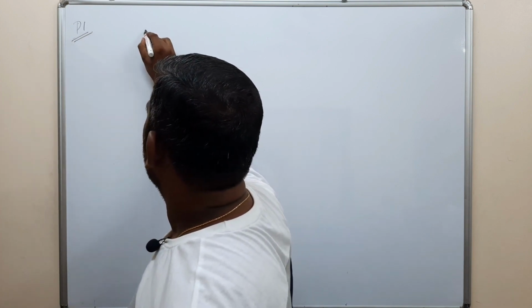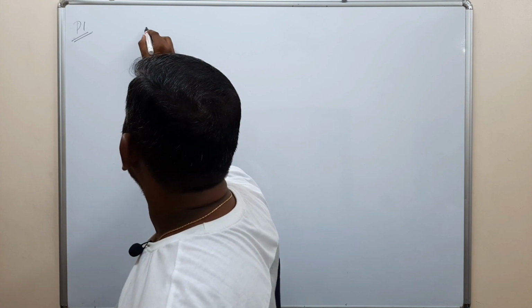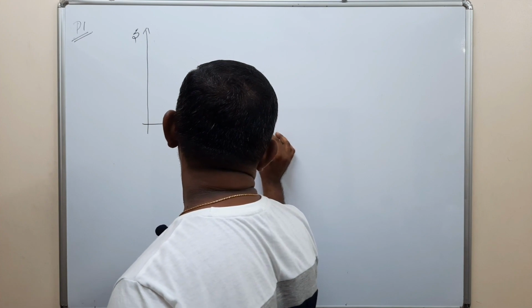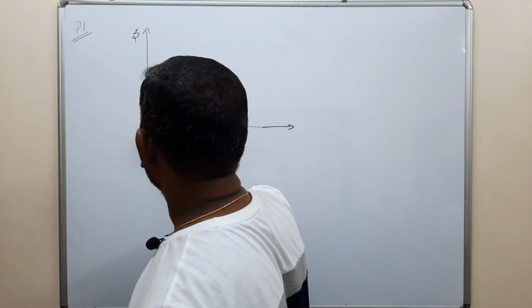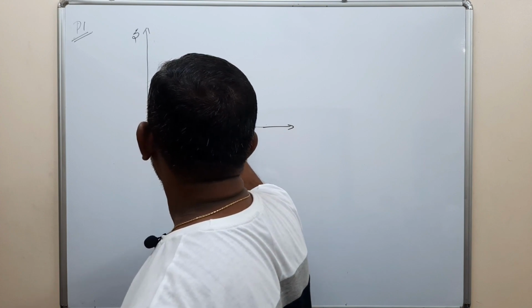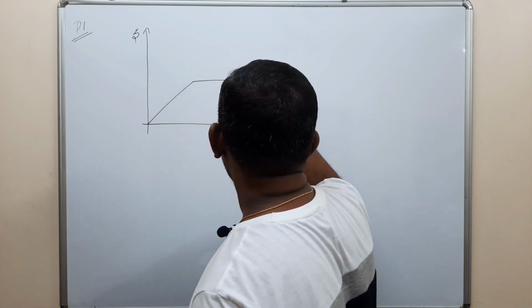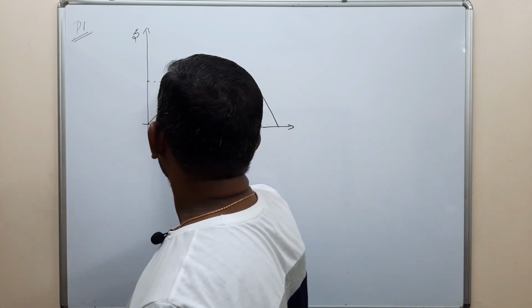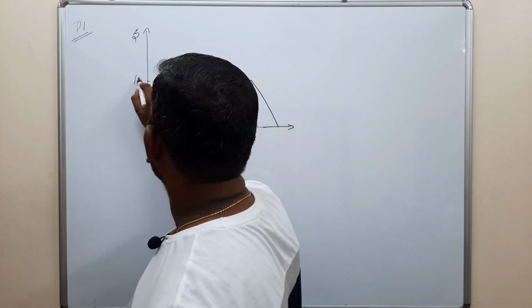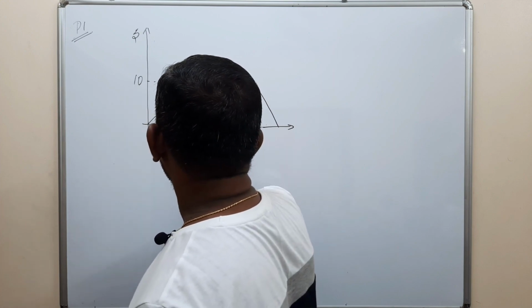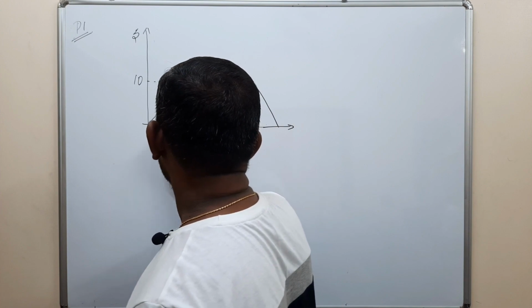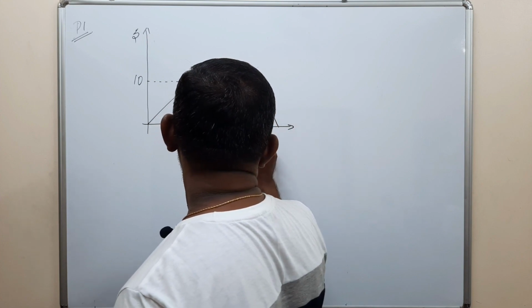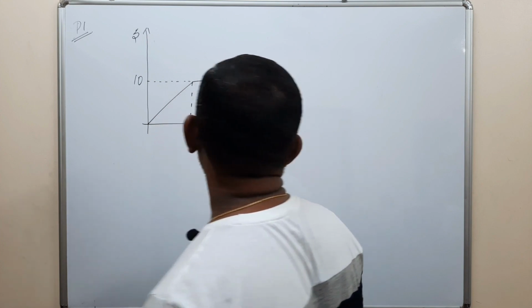So consider a displacement time graph. Five, 15, 25.